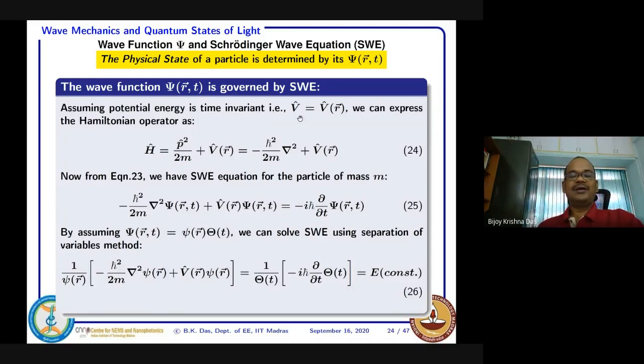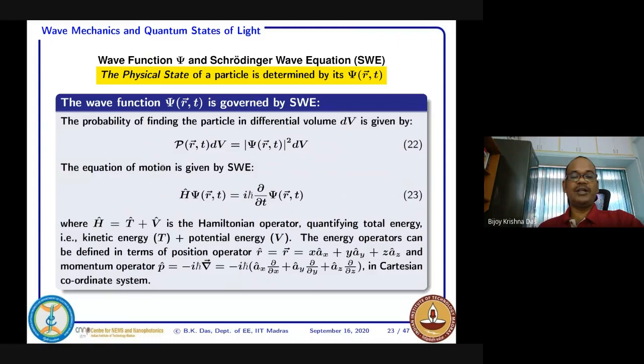Then the Hamiltonian operator can be expressed as follows. The first term is the kinetic energy, p squared divided by 2m, half m v squared, plus the potential energy. In operator form, you write a hat sign here. That equals, again, P as defined in the momentum operator, P is minus i h bar del.